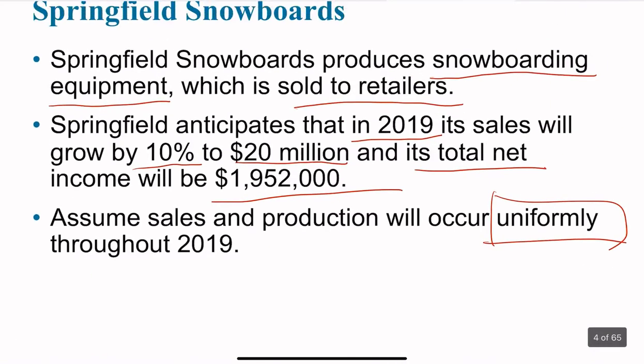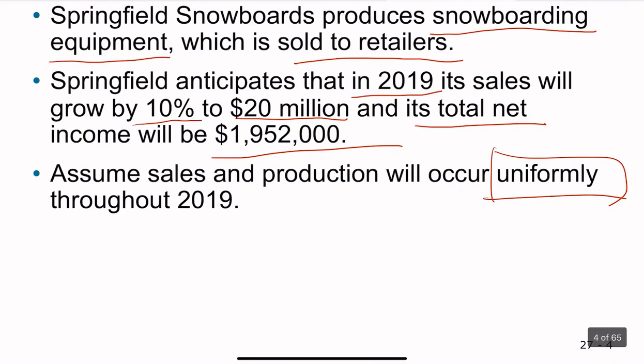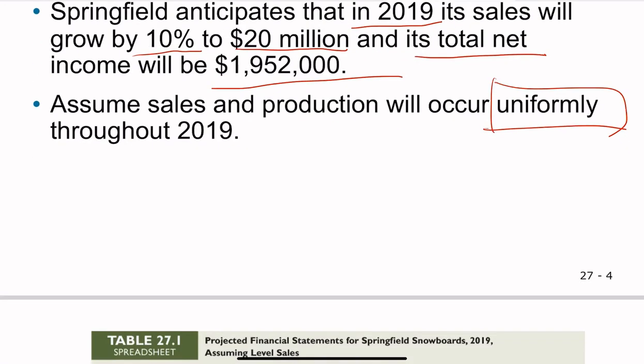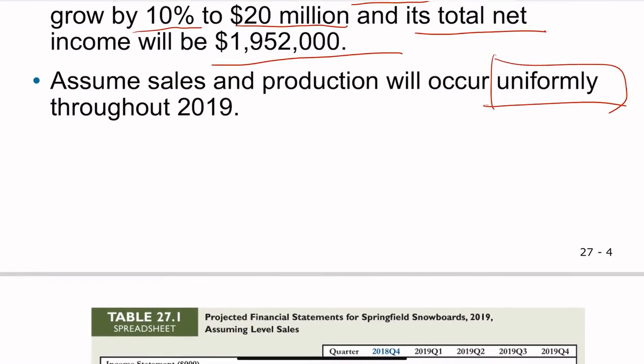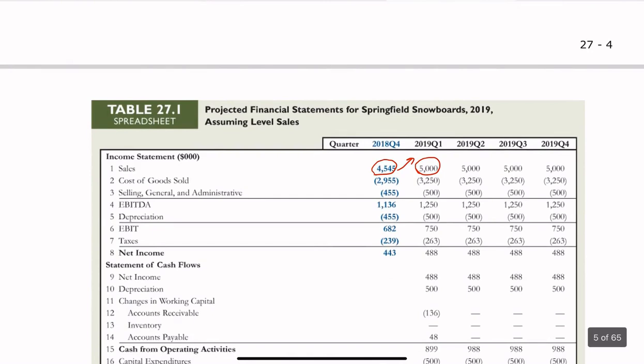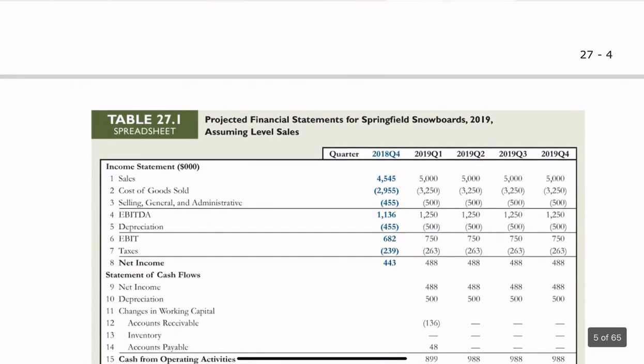Because we know that there is a 10% increase in its sales in 2019. And then we know that the sales will occur uniformly throughout 2019. So this basically means that the sales number will be distributed evenly across 4 different quarters, right?